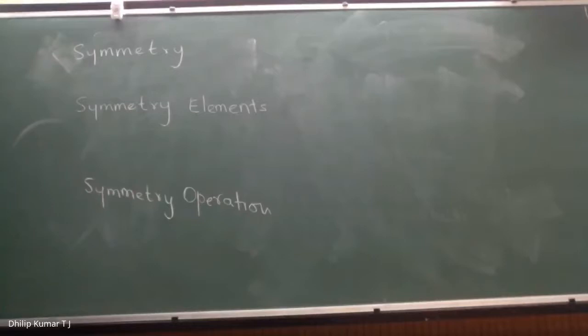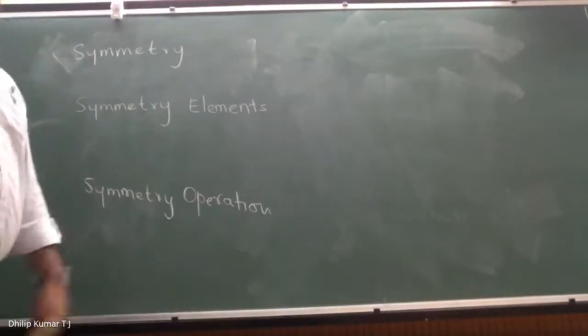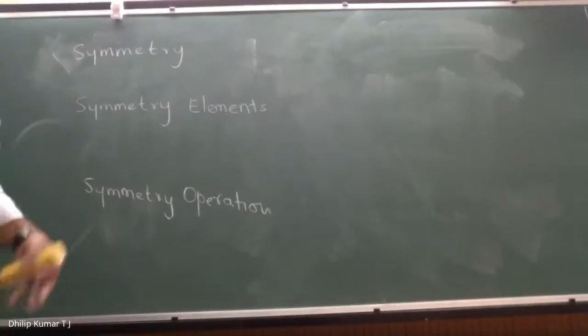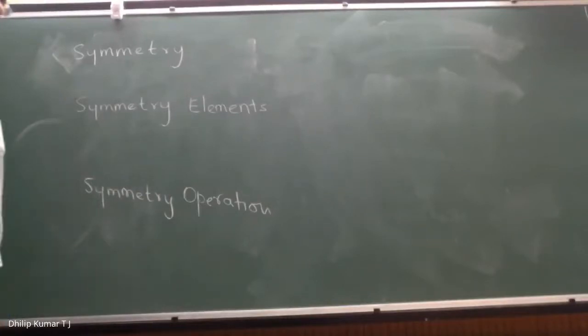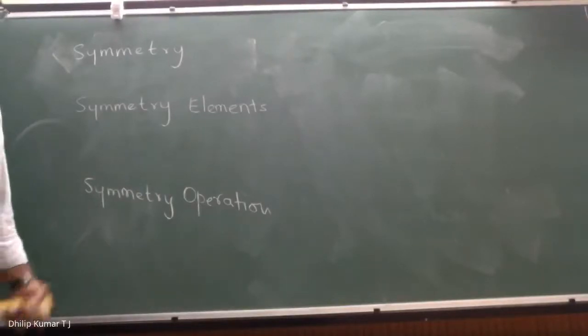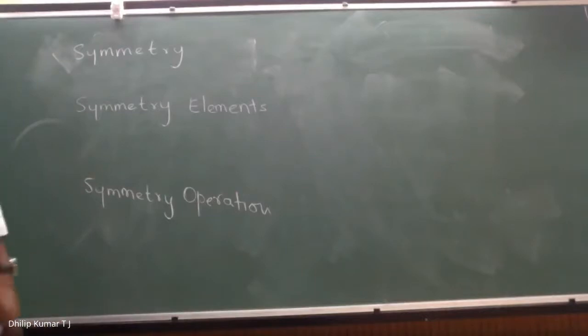So there are ways of classification. If the molecule has higher symmetry, you'll have a very high number of symmetry elements, or all possible operations. If the molecule has very little or no symmetry, then also the molecule will have a point group.